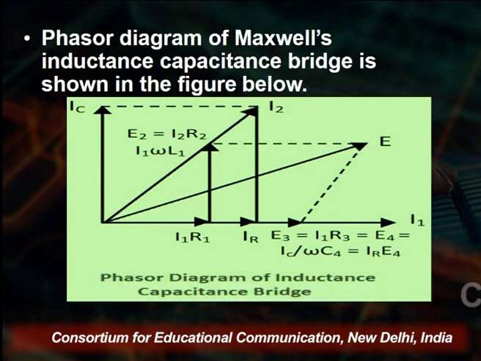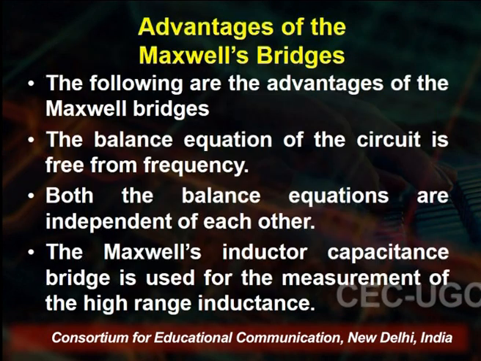E3 is equal to I2 R3, which is equal to E4, that is IC by omega C4, equal to I R4. In the phasor diagram we can see the different values of IC and I2, and the balancing condition is the potential difference we are measuring.